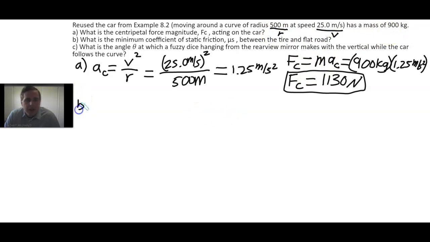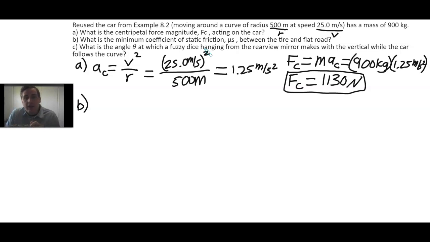Now part B says, what is the minimum coefficient of static friction between the tire and the flat road? What I mean by minimum coefficient of static friction, remember, if the static friction is actually larger than what is presented right now in the car's current situation, we're saying that the car is moving slower than would be the maximum speed to just barely start to slide off the road.